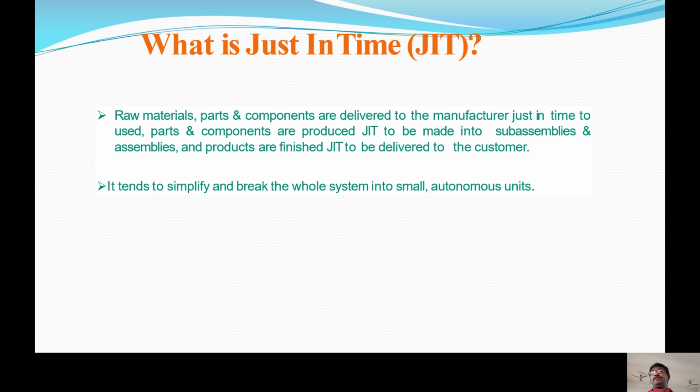JIT means just in time. The parts and combination of products can be completed within a time, which is called just in time. It tends to simplify and break the whole system into small and autonomous units.